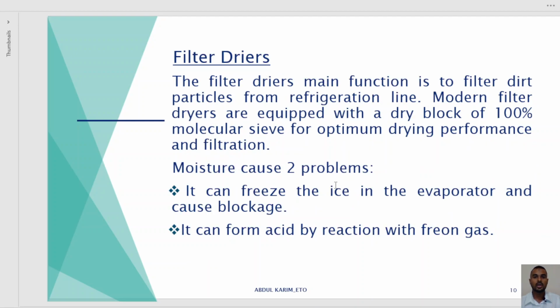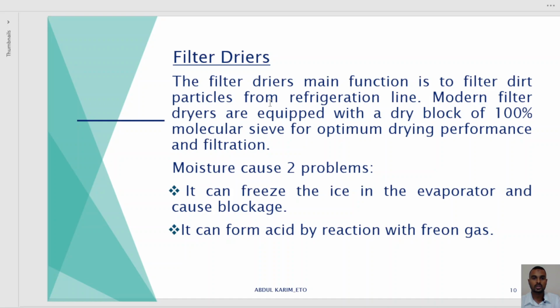Okay. So what is the purpose of the filter dryer used in the refrigeration system? The filter is mainly used in the refrigeration system to filter out any particles or gas in the refrigerant, and the dryer is used to absorb water in the refrigerant.